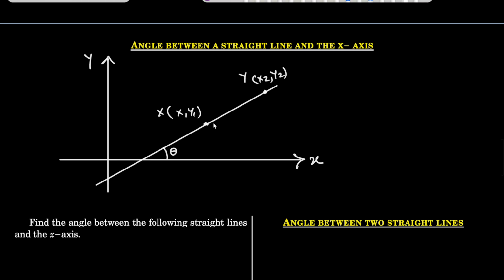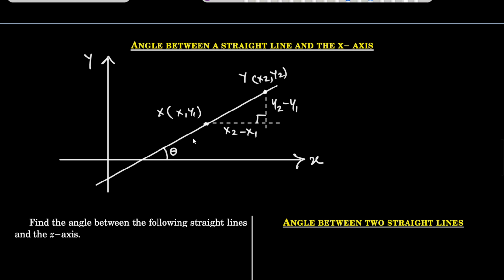As always, we connect what we have on this side and what we have on this side together. And we have an angle of 90 in between them because it's a right angle. So here we have y2 minus y1, and here we have x2 minus x1.